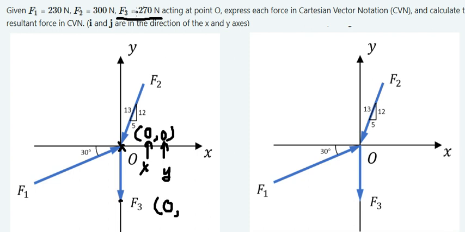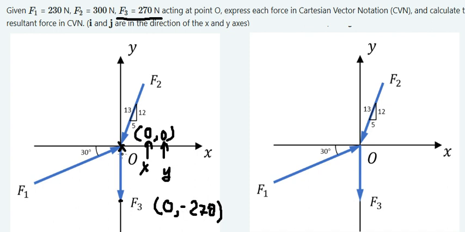So the value of this one, we put negative 270 Newton, because the magnitude of vector F3 is about 270 Newton, and that's why the length of this one should be the same, 270 Newton, but they go down in the negative side. So that's why we have 0, negative 270.